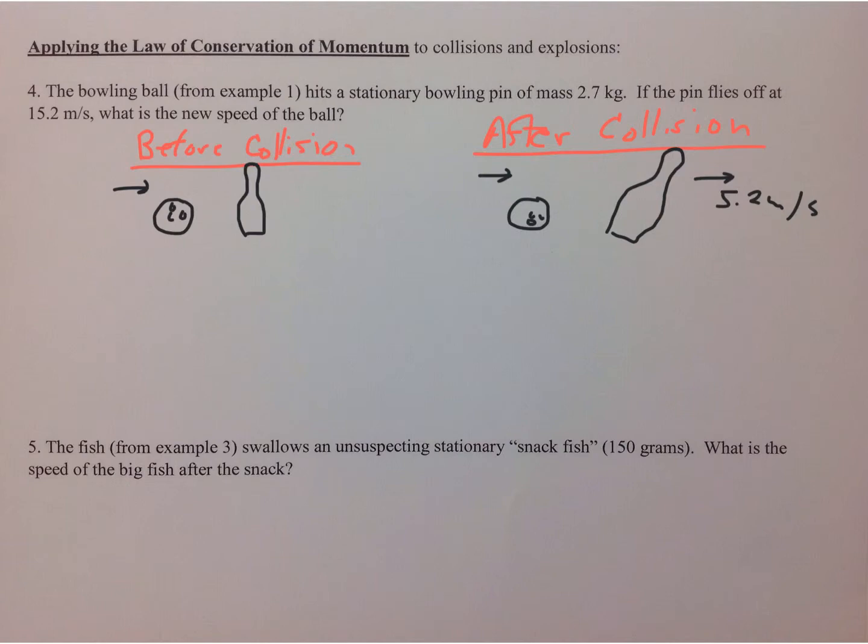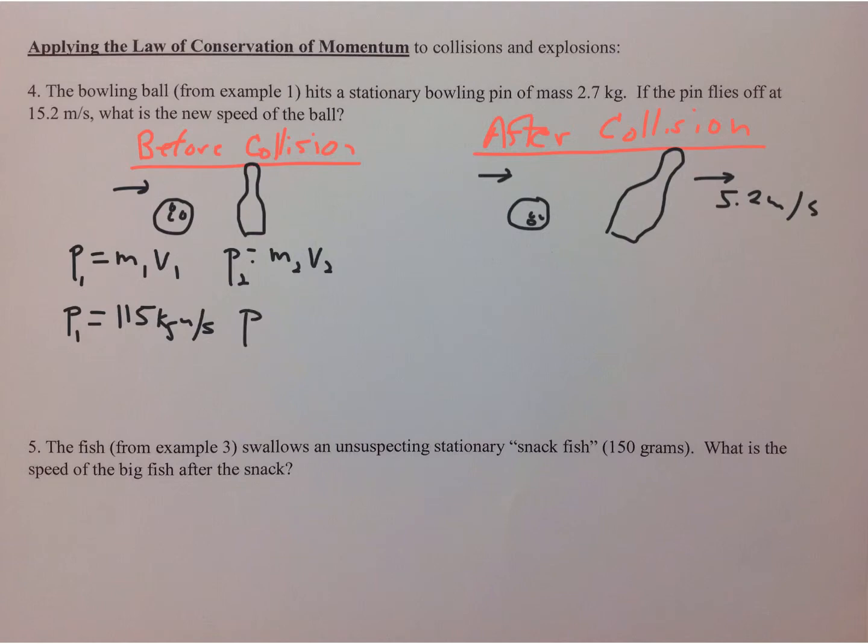So here's what happens. I'm going to call this, for the bowling ball, P1 equals M1 V1, and for the bowling pin, we have P2 equals M2 V2. Now, we already calculated on the previous page that for the bowling ball, its momentum going in from problem number 1 was 115 kilograms meters per second.